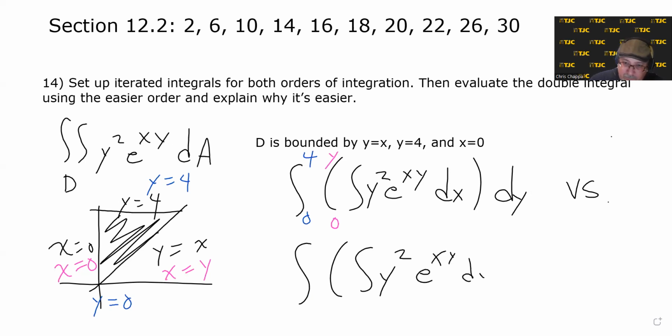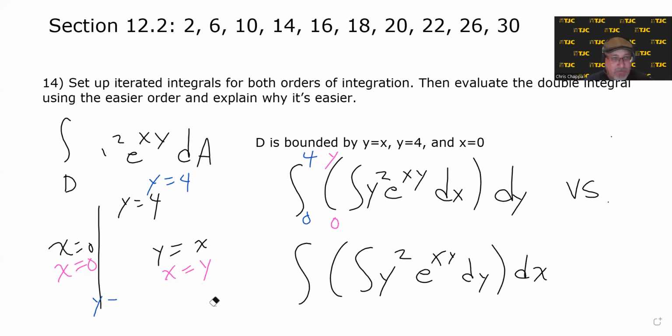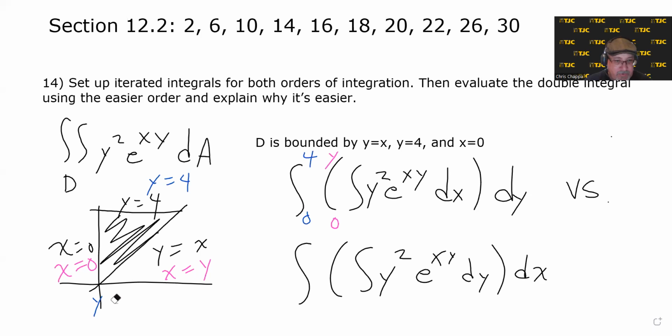e to the xy dy dx. And if we're going to do that, then we need to think about what y equals on the bottom versus y equals on the top as functions, not as constants. Oops, didn't mean to get rid of the whole picture. So let's clear out this.